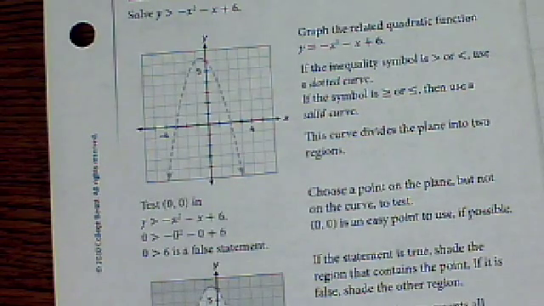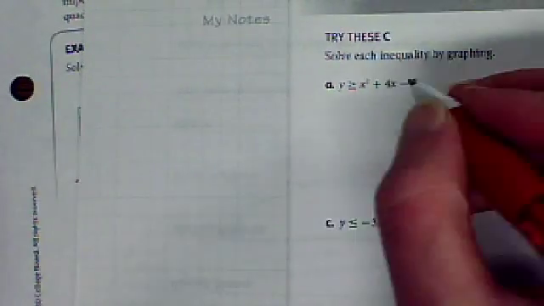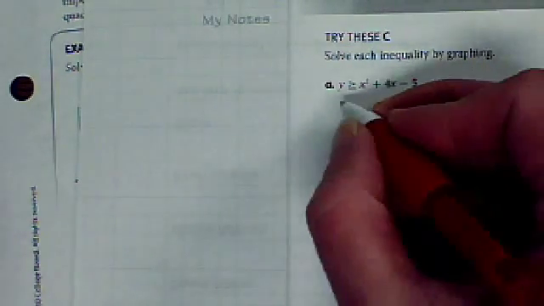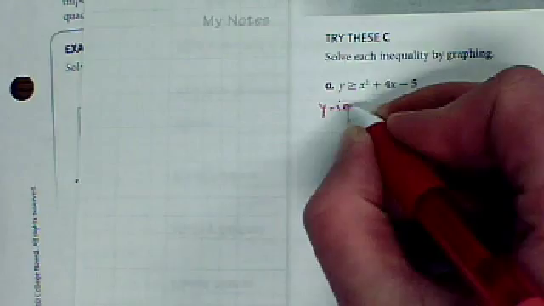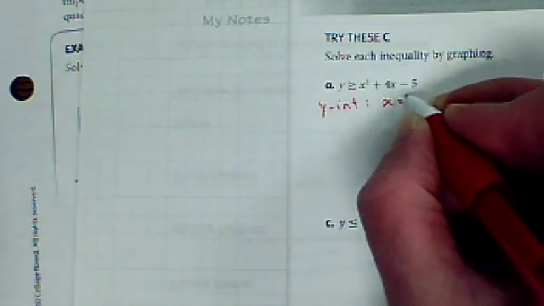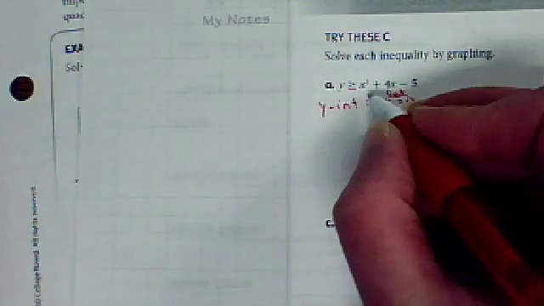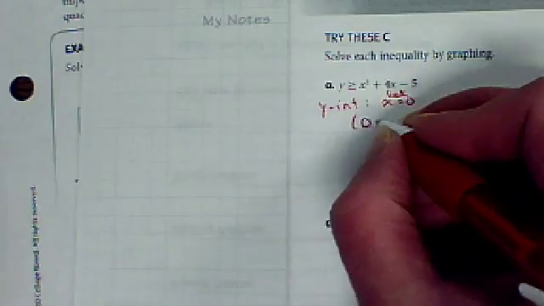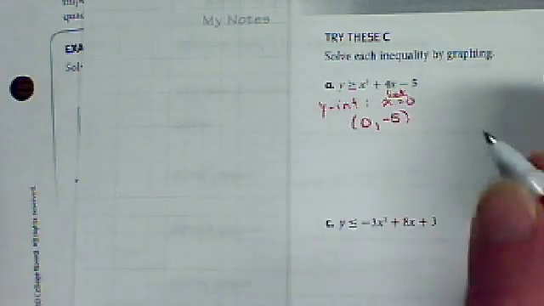So let's look at one. y is greater than or equal to x squared plus 4x minus 5. Now, one point that's really easy to find, and since they didn't ask for everything, I'm just going to do a quick sketch. The y-intercept is found when x is 0. So let x equal 0. You're going to lose both of those x terms, so your y-intercept is going to be 0, negative 5.